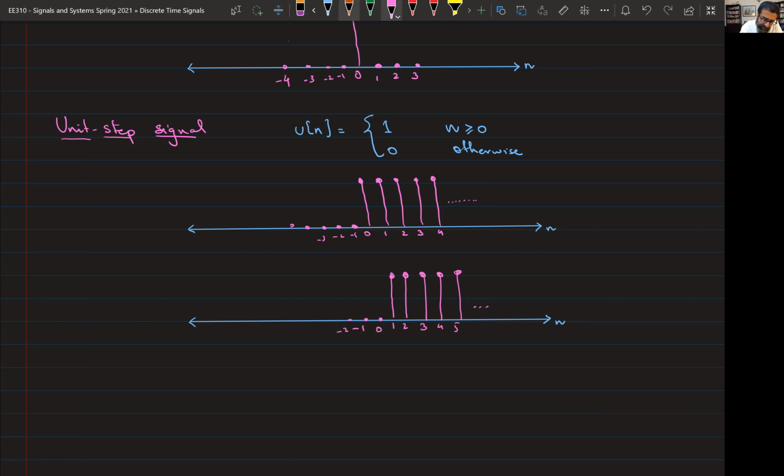So what is this second signal as a function? The first signal is u of n.